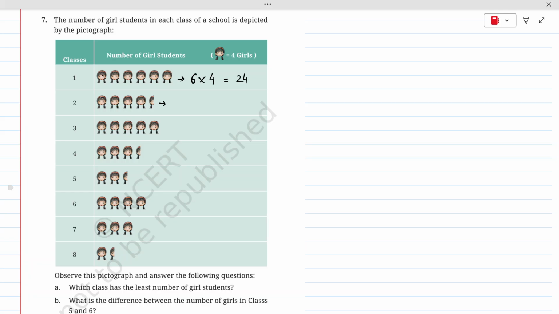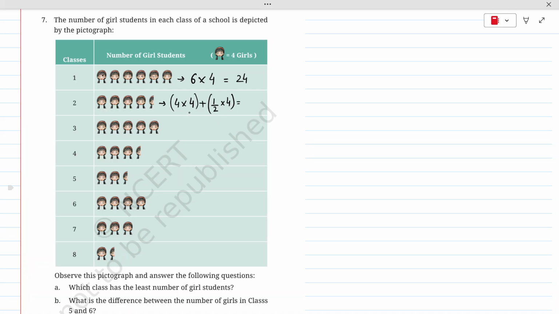Now how can we calculate this? For these 4, we do 4 multiplied by 4, and for this half girl, we will do half of 4. Why am I using this method, kids? So that you know how we can solve it using fractions also.